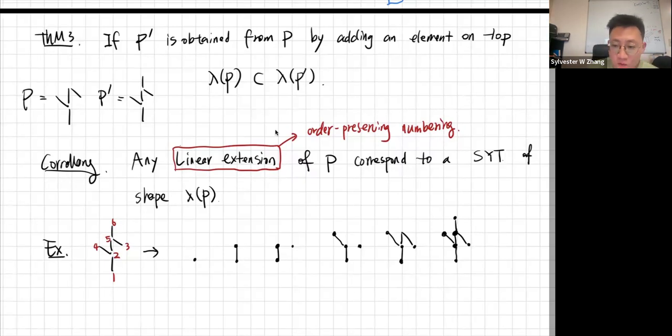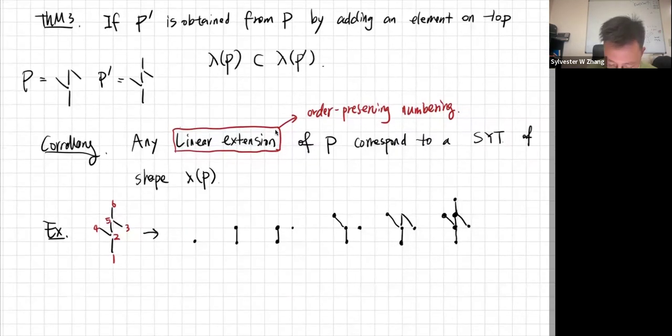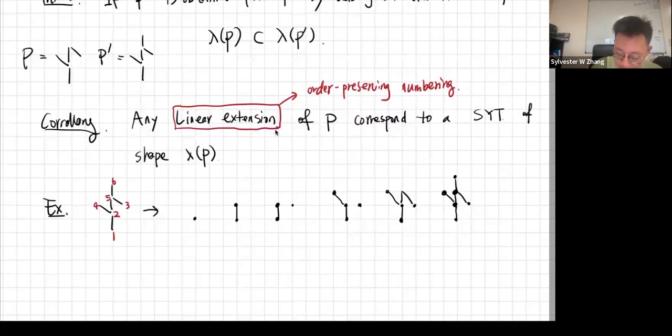For every subposet you take, you calculate a Greene-Kleitman partition, and you get a sequence of partitions. Let me draw them out. The first is that, and this.